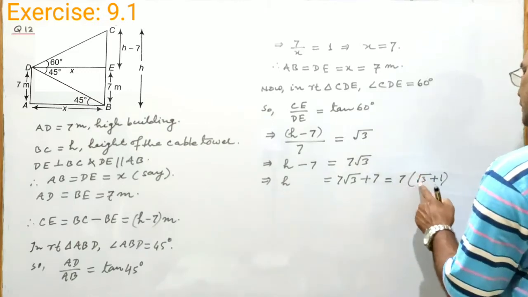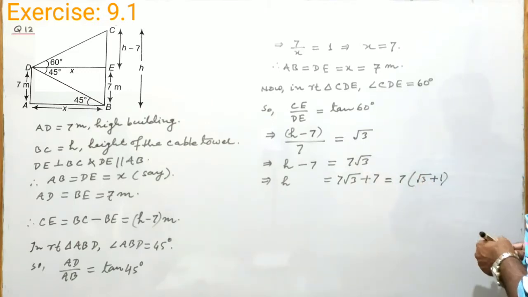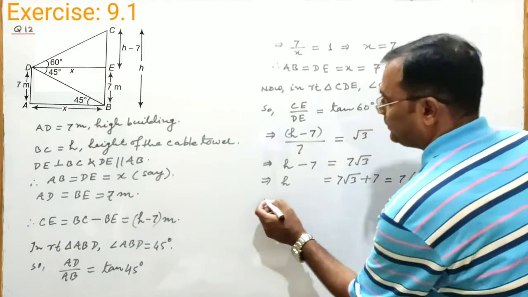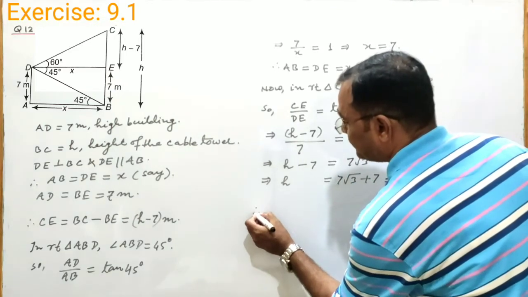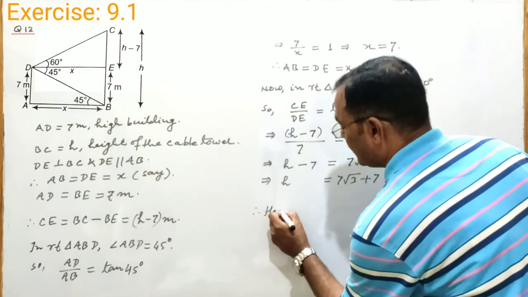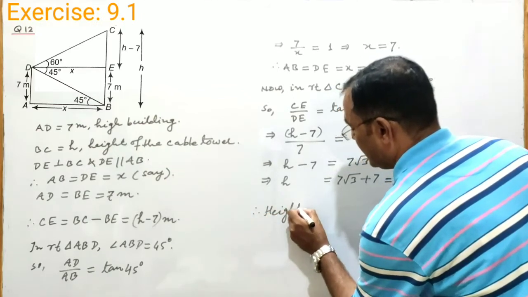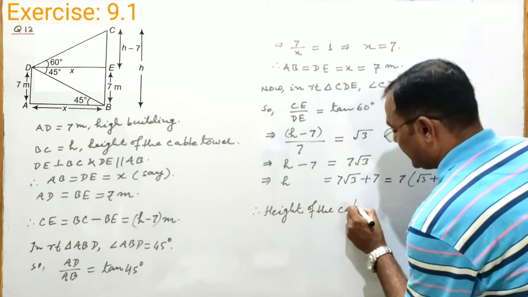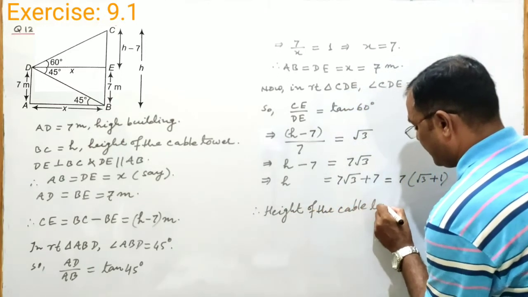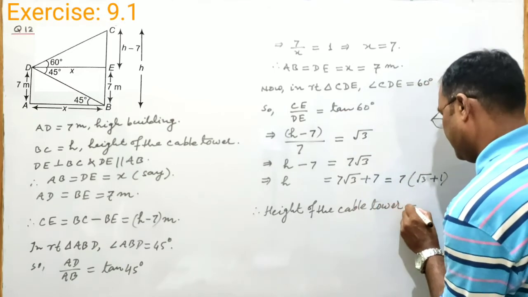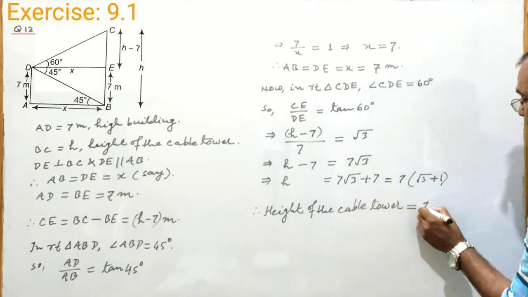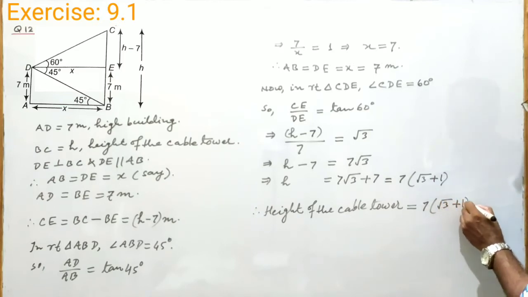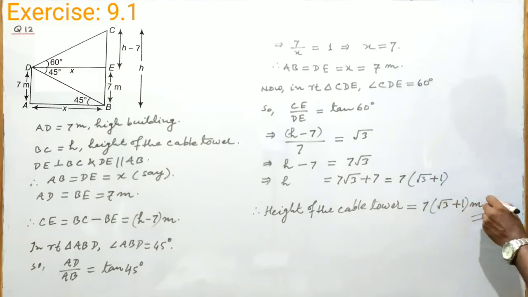So H equal to 7 into root 3 plus 1, which is the height of the cable tower. So therefore the height of the cable tower equal to 7 into root 3 plus 1 meter, and this is the answer.